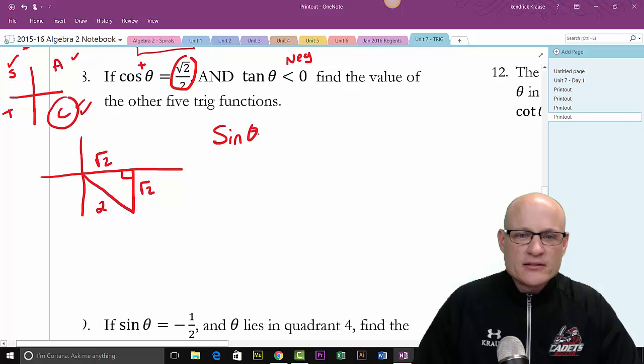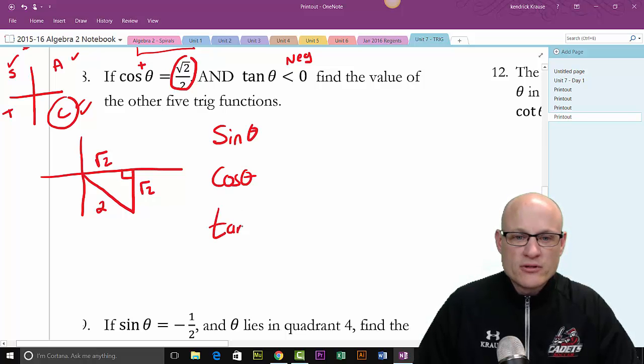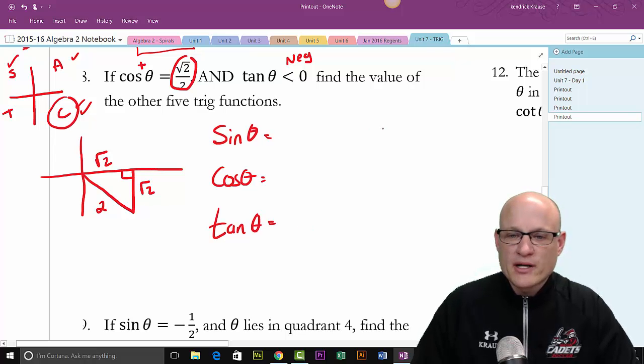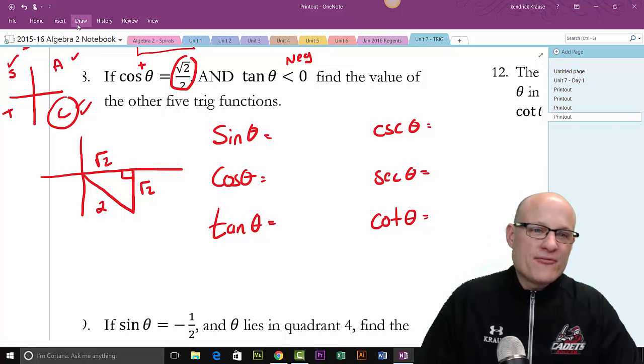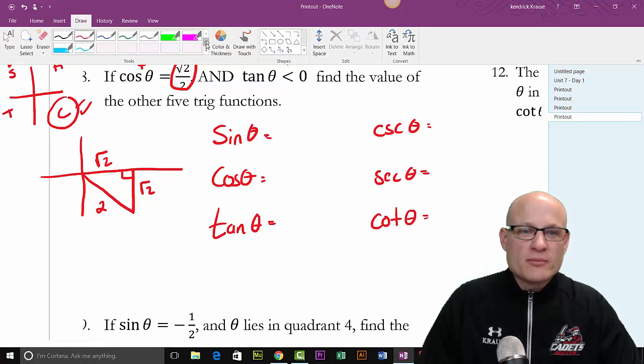Sine theta, cosine theta, tangent theta. I'm going to leave a little room this time. You'll see why in a minute. Cosecant theta, secant theta, and cotangent theta. All right, now I need to figure out where things are going to be negative.